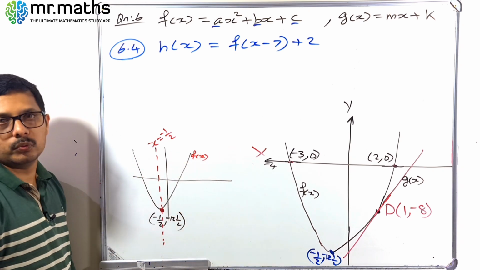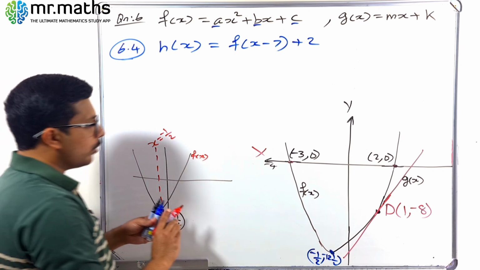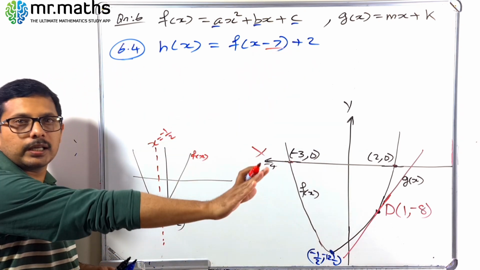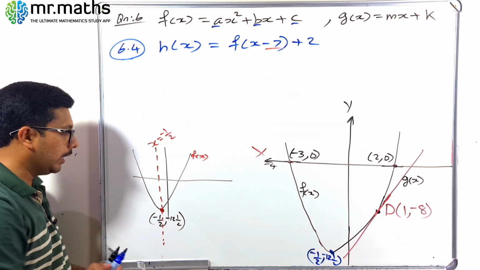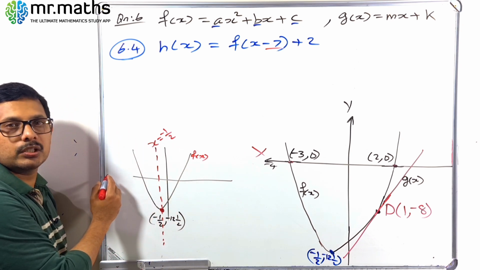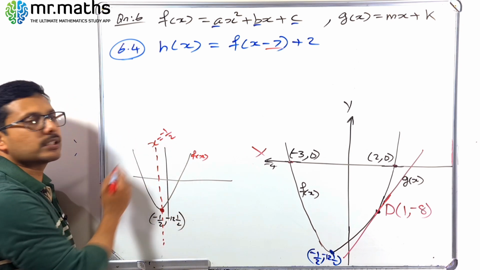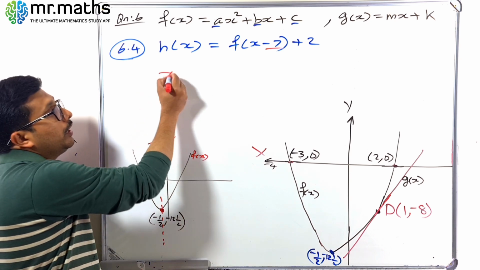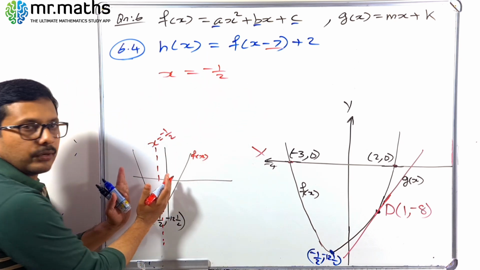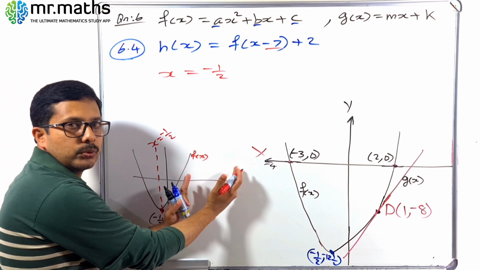Then the axis of symmetry also will move. So how many units is the f of x graph shifted to the right? 7 units. In this f of x graph, what is the equation of the axis of symmetry? x is equal to minus half. So in this h of x graph, the entire graph is shifted 7 units to the right.